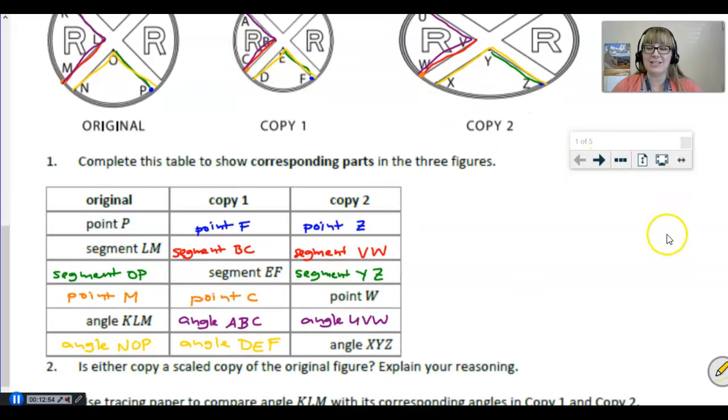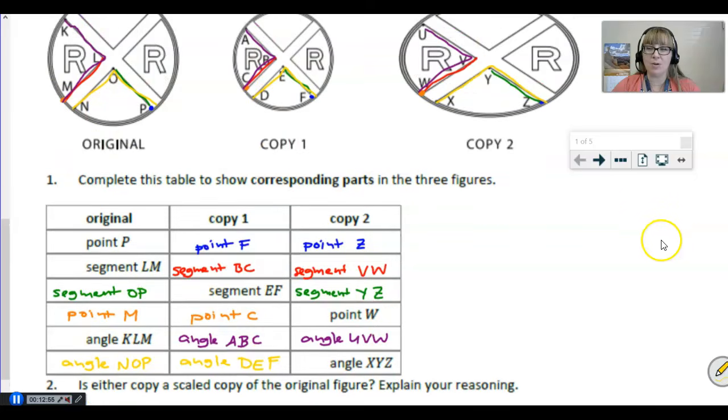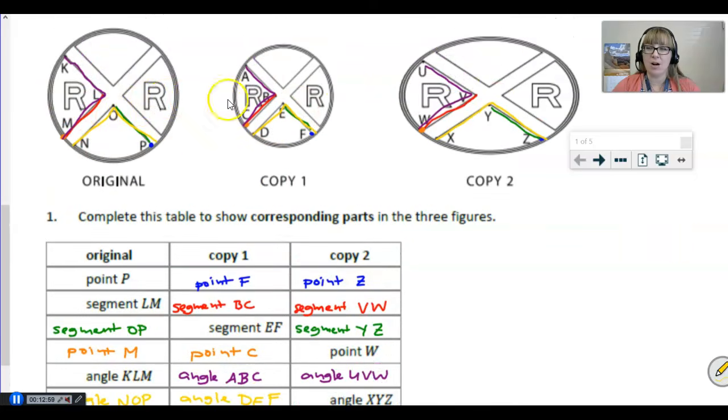Question 2 asks, is either copy a scaled copy of the original figure? Here's the original. Are either one of these a scaled copy? Thinking about what we mentioned in our last video, we talked about how a scaled copy, it's okay if it changes size, but it's not okay if it's distorted. We don't want it to be squished or stretched in any way.